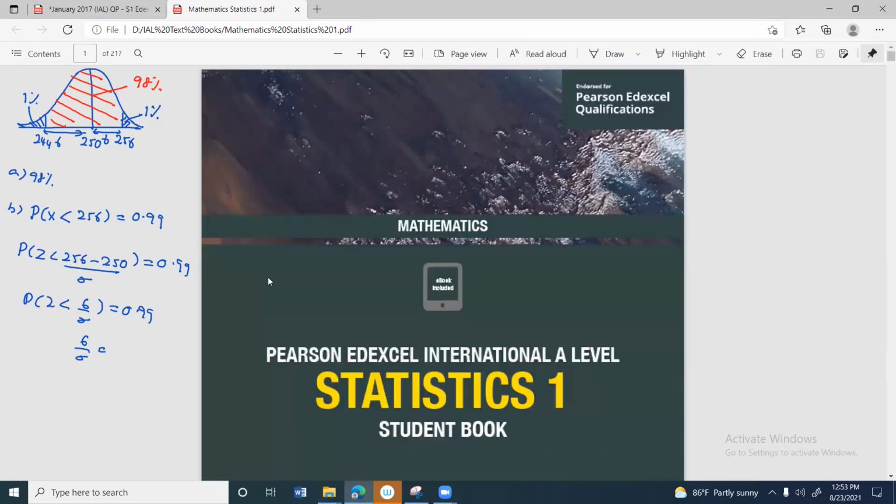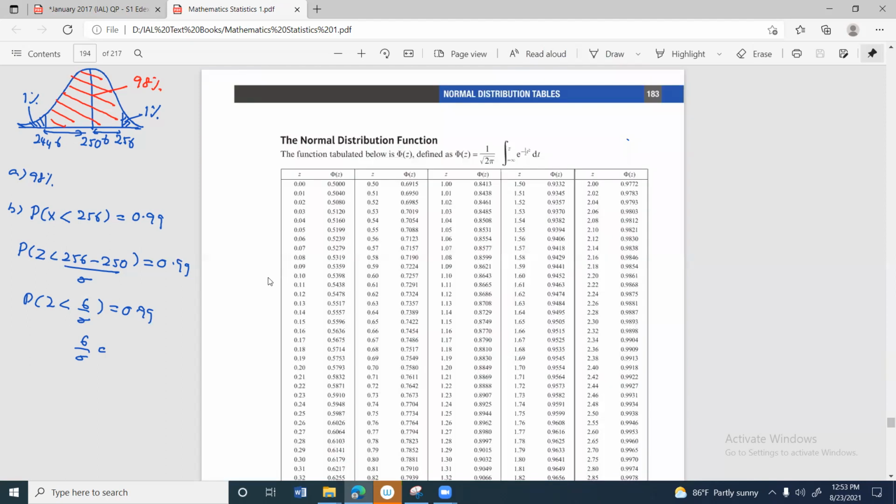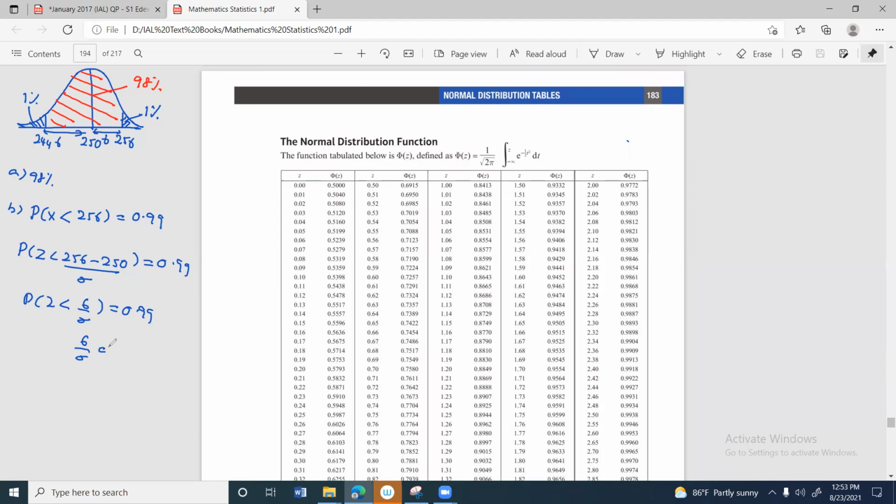We'll go to this table. We need to find the probability 0.9900, so the closest figure is 2.32. I'll use this one. Therefore, sigma equals 6 divided by 2.32. 6 divided by 2.32 would be 2.59. So 2.59 would be the sigma value. That's a way of getting the answer for that question.